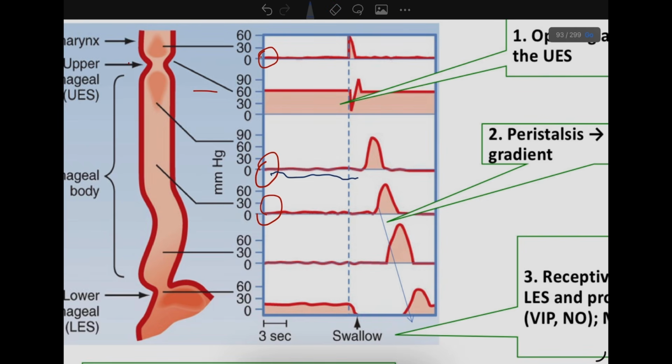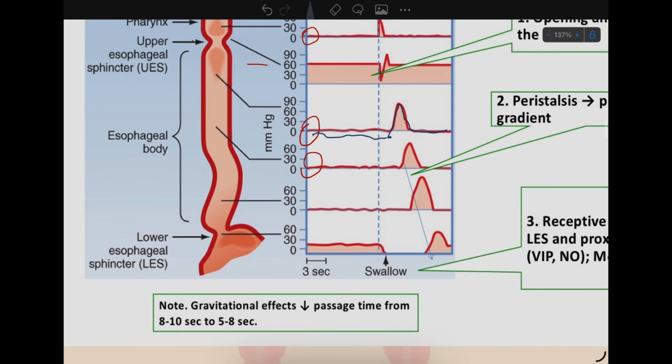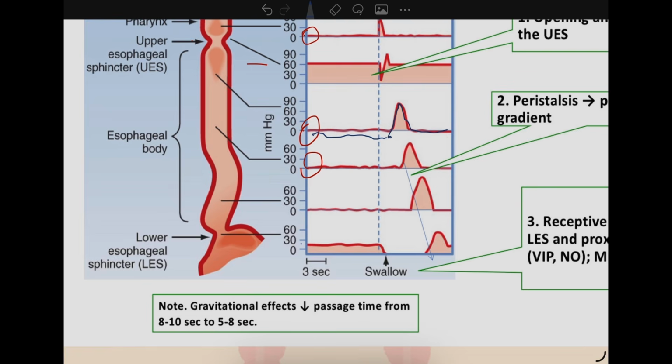When the food is here, the pressure increases because it contracts, and then it goes down, down, down. Here's the part also that you should keep in mind: the lower esophageal sphincter. It also has higher pressure than 0, but it's less than the upper one. And once you swallow, the pressure drops and then it goes back up. And yeah, just to read that, it's the same as the upper esophageal sphincter.